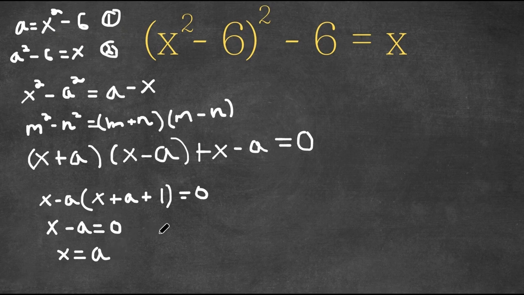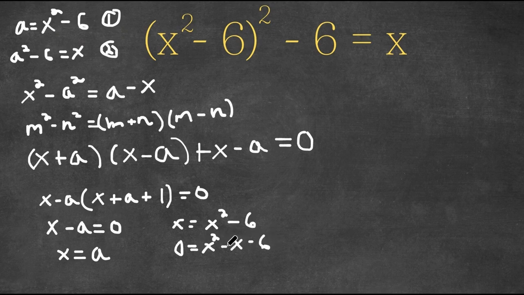And because remember, a is equal to x squared minus 6 and x equals a, that means x equals x squared minus 6. And if we subtract x on both sides, we get 0 is equal to x squared minus x minus 6.